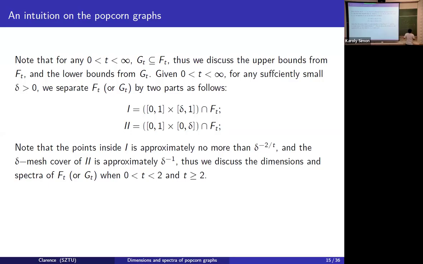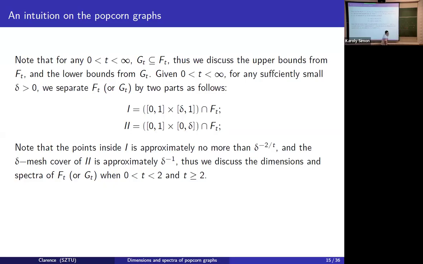For example, we choose some horizontal line L to cut the popcorn graph into two parts. For the top part, call it region 1, the covering number is determined by the points in region 1. If we consider the coverings in region 1, I can just compute the points inside.